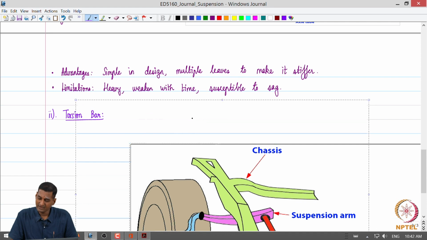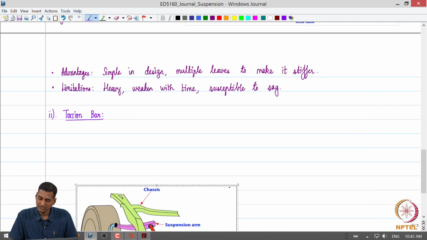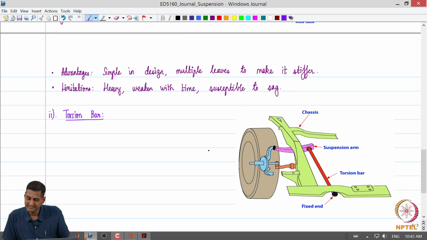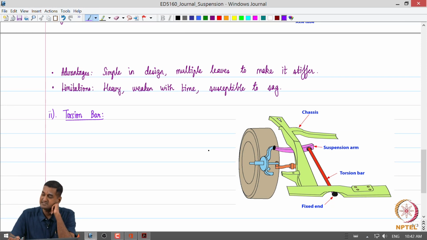So, let us look at what happens in a torsion bar. Okay. So, this schematic provides a simple representation of a torsion bar. What happens is that this is the torsion bar, as we can observe. So, one end of the torsion bar is connected to the suspension arm.